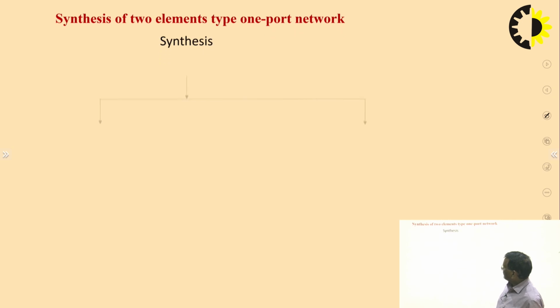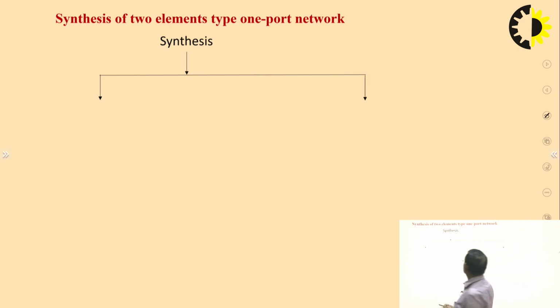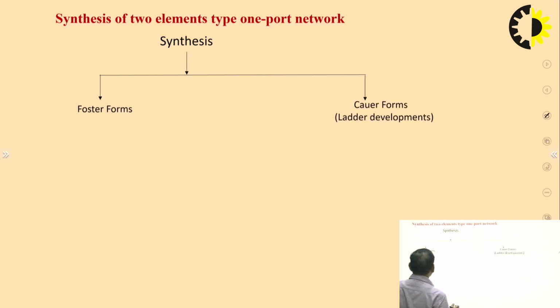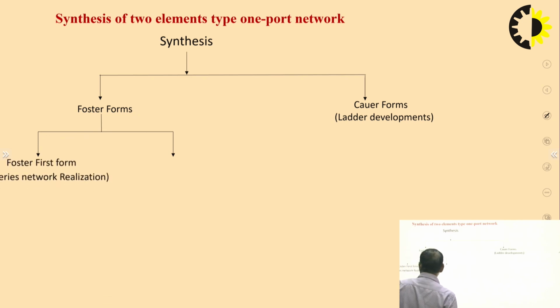In the next class, we will carry out the synthesis of one port networks of 2 elements type, and there are special forms, Foster forms and Cauer forms. In Foster form, we do the series network realization.